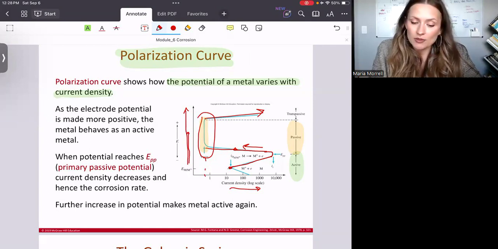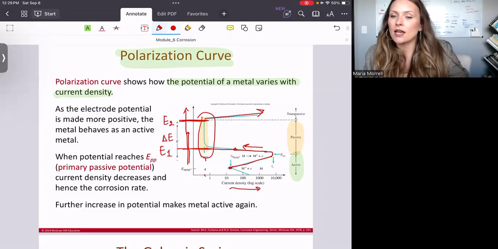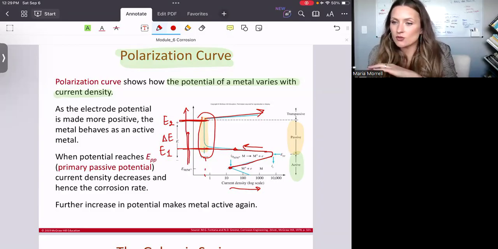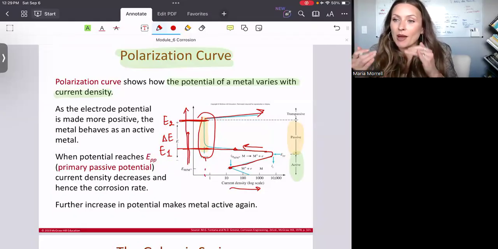What actually happens is that I can measure these two numbers. If this is my E1 and this is my E2, and the difference is the delta E, that means that if I maintain my material at a potential within that range, by connecting it to my potentiostat, whether it's my pipe, my tank, whatever it is, then my material is passive and it will not corrode.